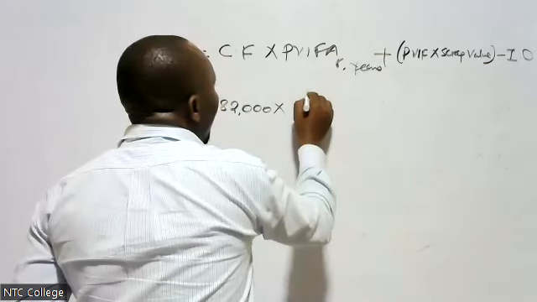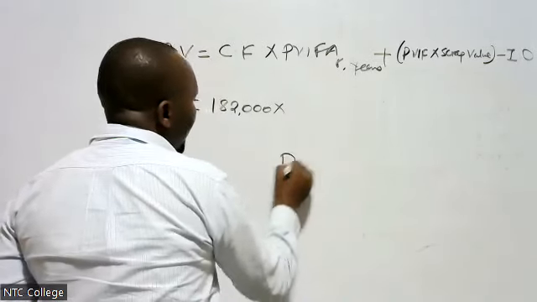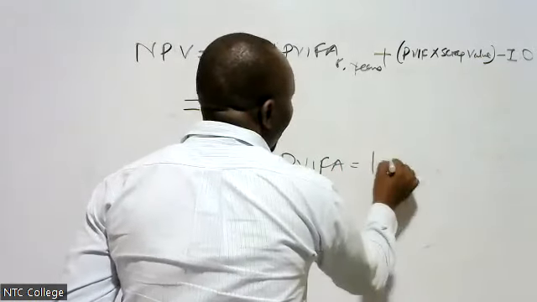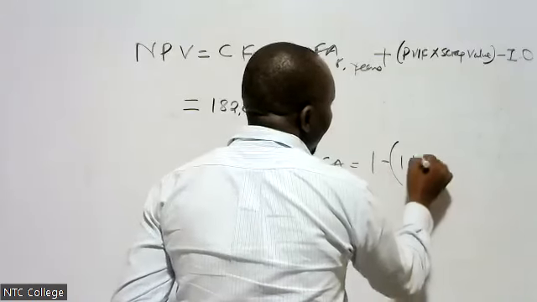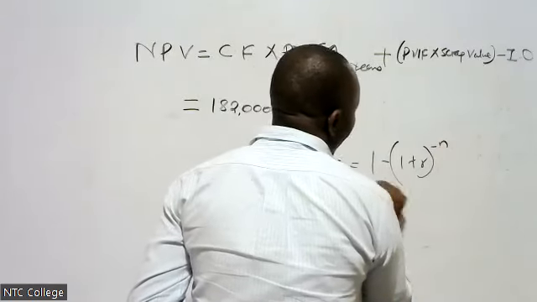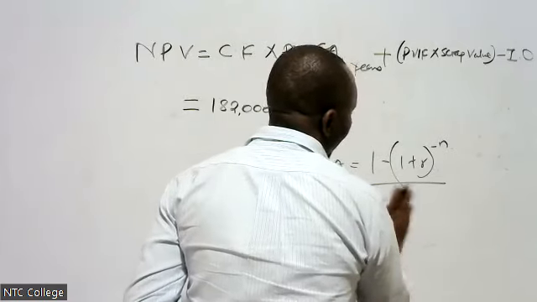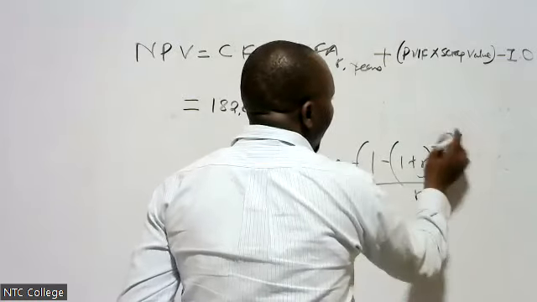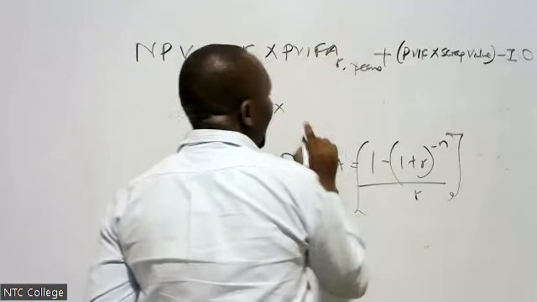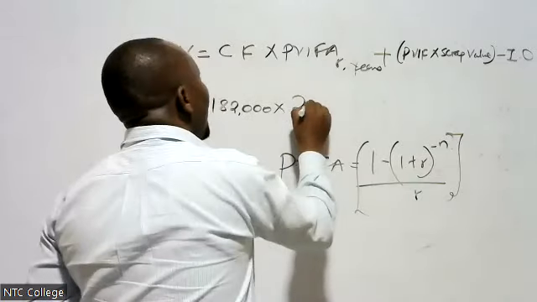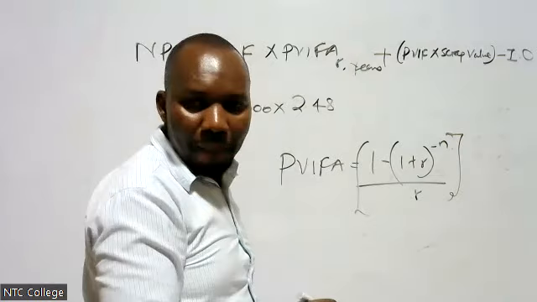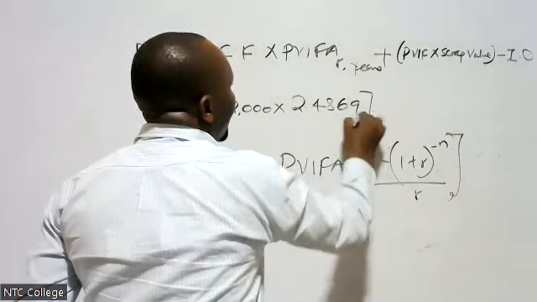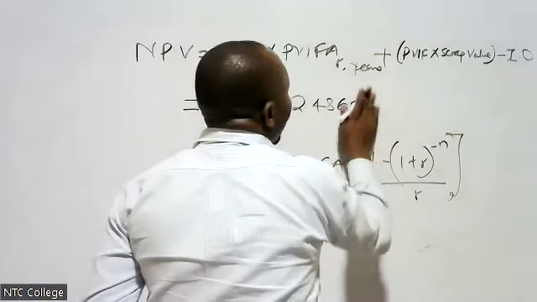So you use the formula for PVFA, which is 1 minus (1 plus R) raised to negative N, all over R. That is the formula. So when you use that, you're going to get 2.4869.